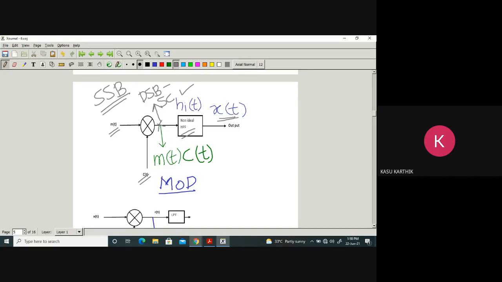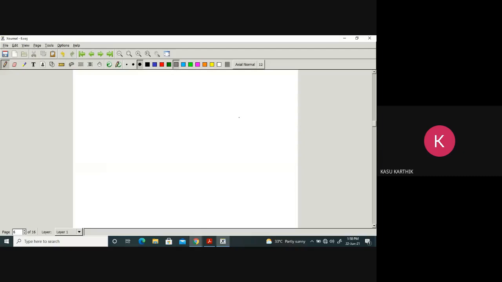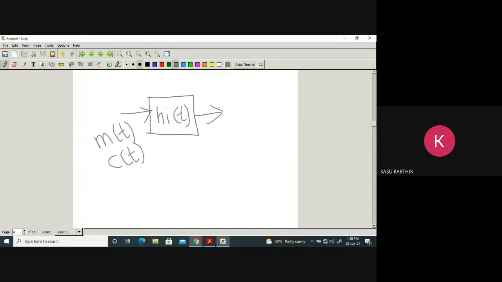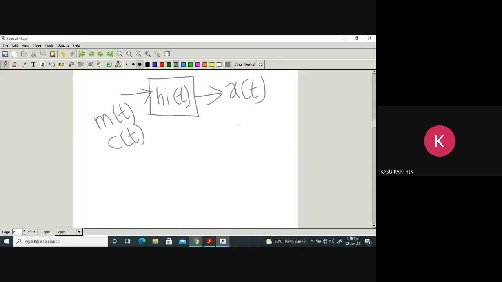Here, what is x of t now? You observe something like this. The input to the filter, which is a high pass filter with impulse response h_i of t, is m of t into c of t. The output, let us take x of t. So what is x of t?